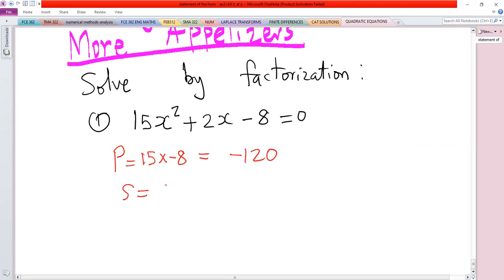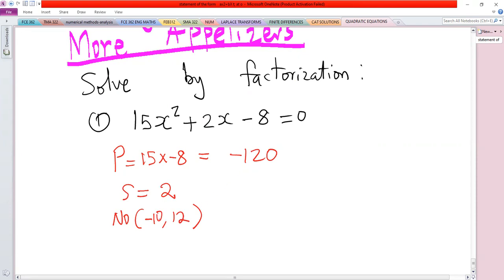Sum is positive 2. So two numbers which will give us minus 120 are simply minus 10 and 12. But they will give us minus 120 as product and sum to be 2.